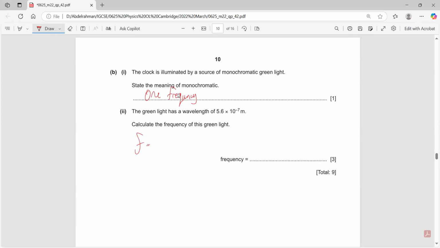Yes, frequency equals speed over wavelength: 3 times 10 to the power of 8 over 5.6 times 10 to the negative 7, which is 5.35 or 5.4 times 10 to the power of 14 hertz.